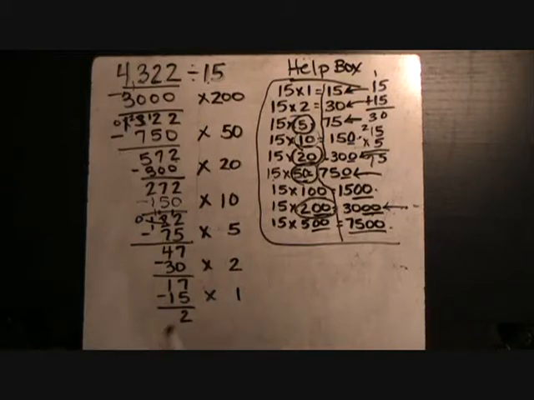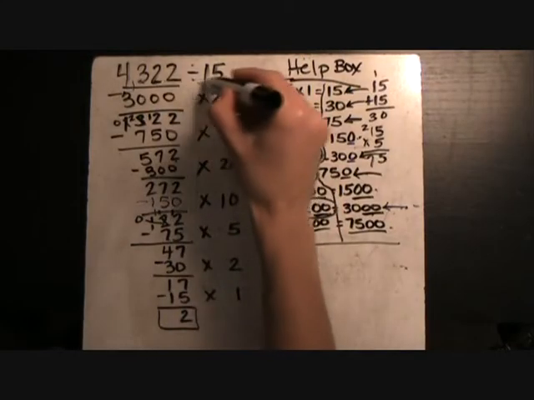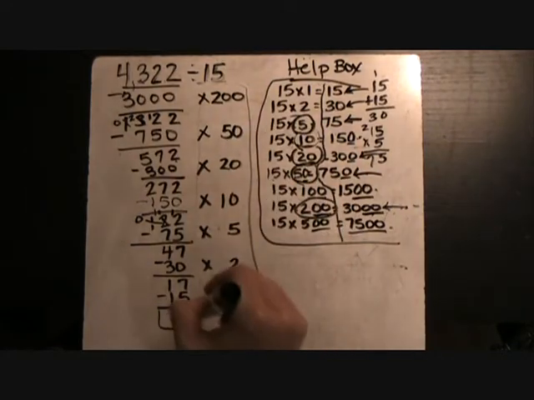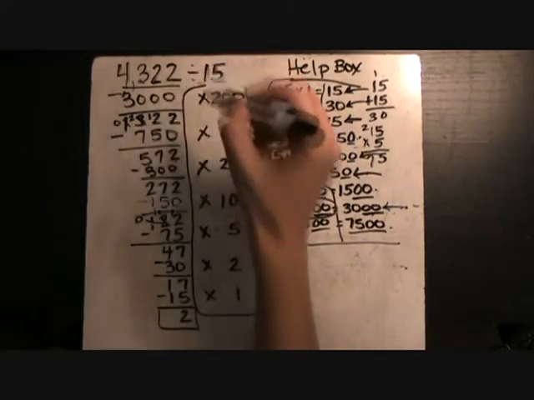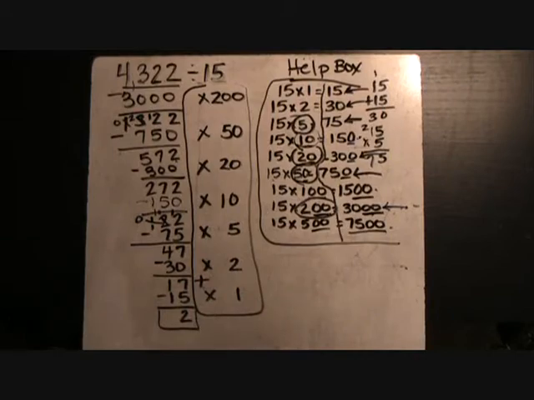Now I am left with a number that is smaller than my divisor. That means I cannot subtract anything else from it. So that lets me know that I am done, but this is still not my answer. To find your answer using partial quotients, you're going to take all of the numbers that you multiplied by, and you're going to add them together.